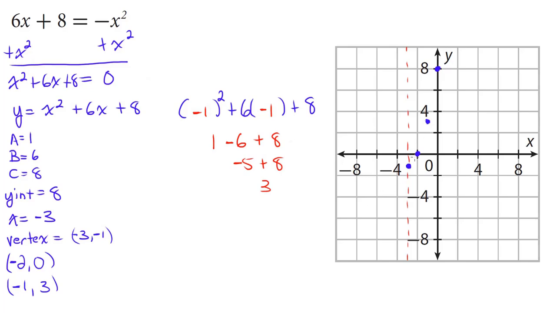And now we can go ahead and reflect. So this point is 1 step to the right. Its partner is going to be 1 step to the left. This point is 2 steps to the right. Its partner 2 steps to the left. And this point here is 3 steps to the right. Its partner will be 3 steps to the left. And we draw our parabola.